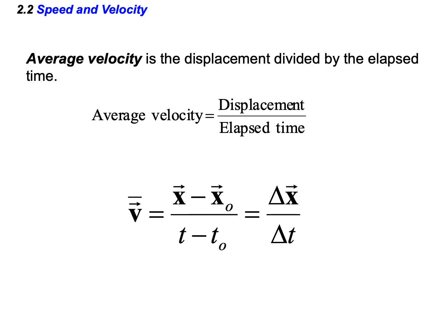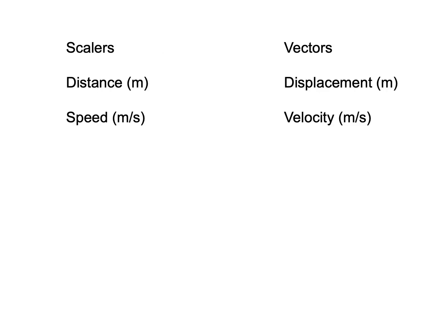Our next topic is average velocity, which is equal to displacement over time. In slide number 3, we talked about the difference between scalars and vectors, and we talked about distance and displacement. Distance is a scalar quantity which has a magnitude but no direction.